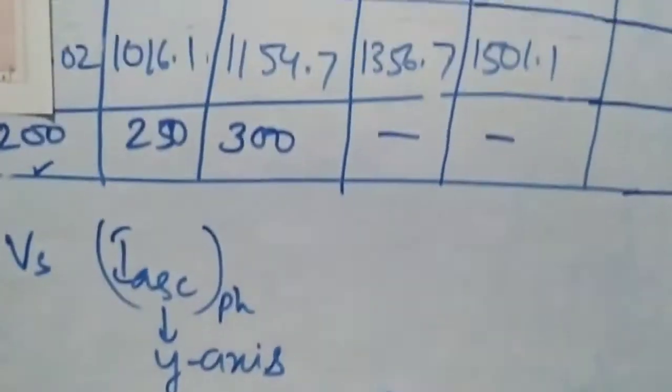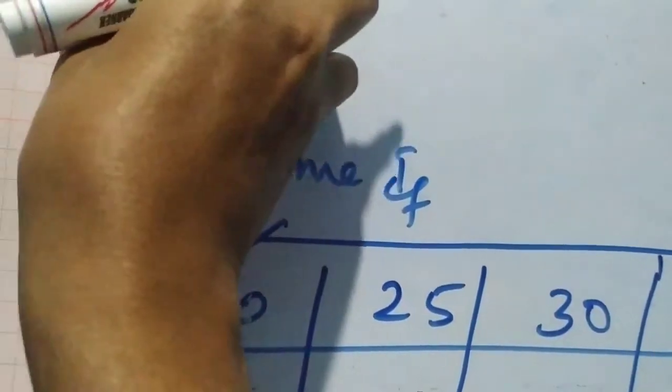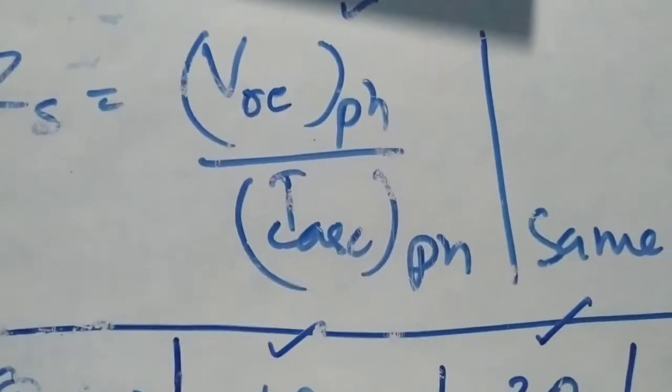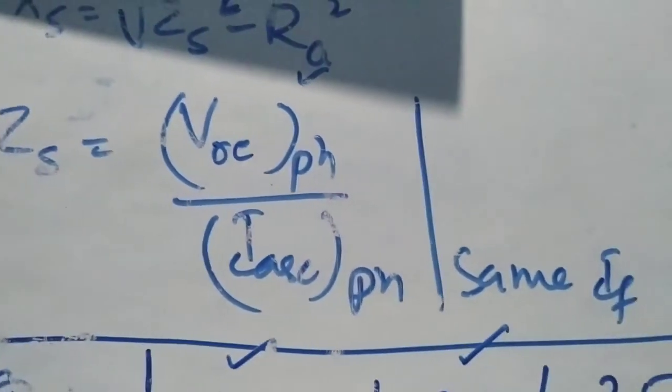Okay. So therefore, the formula for the impedance is VOC phase divided by the IA phase for the same value of IF.